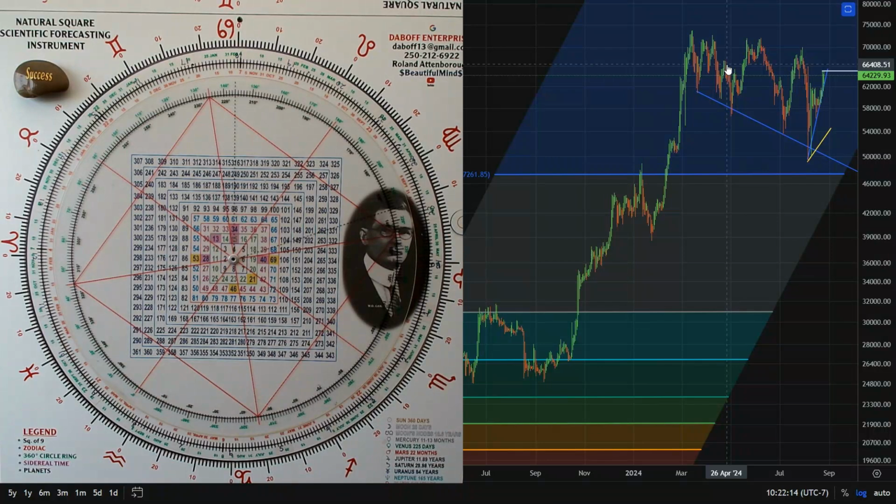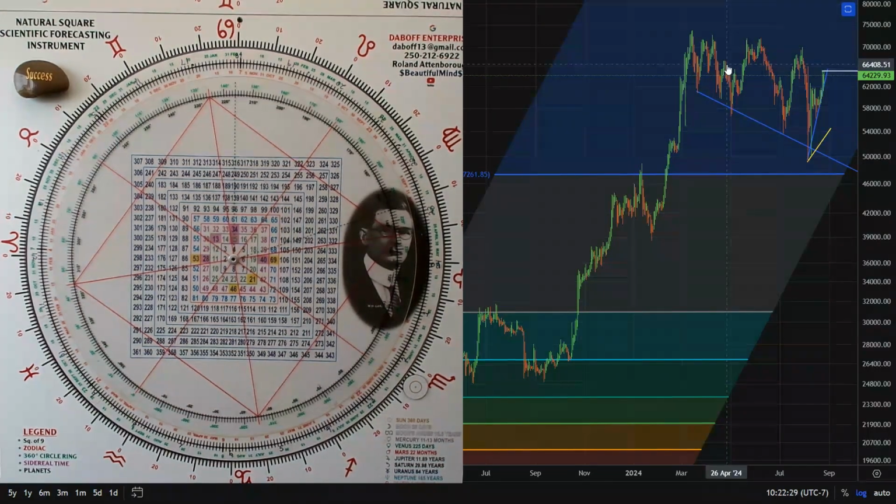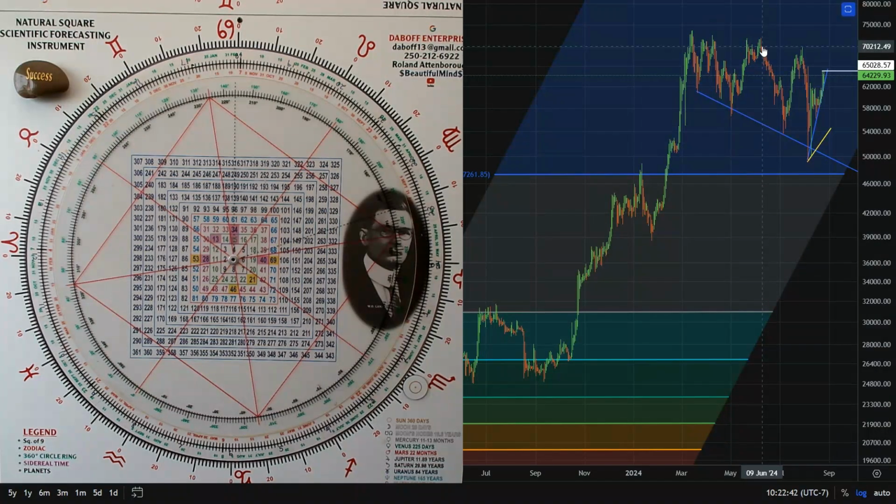Okay, let's go take a look at our next observation. That will be when the sun moves another 45 degrees or days, and that represents June 10th and 11th. Well, I wonder what happened on June 10th and 11th. Oh wow, June 10th we started to have this massive fall off after making our top at 69, 70,000 here.